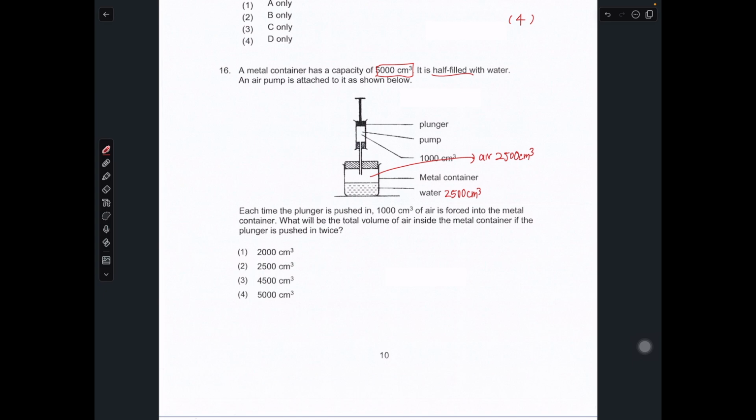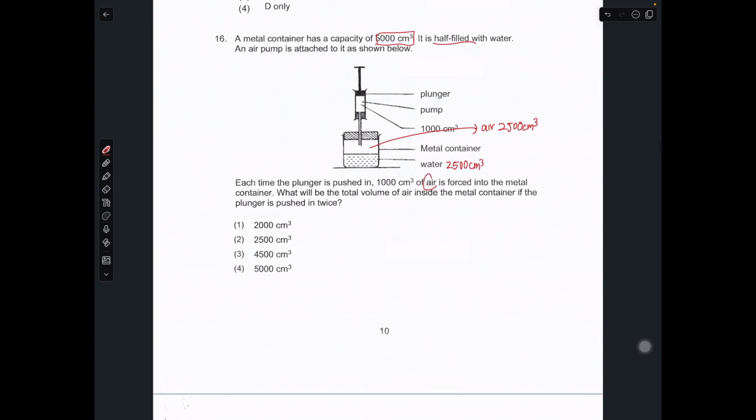Okay, so over here, whether it's plunged in once or twice doesn't really matter, because air itself is a gas. It has no definite volume and can be compressed.